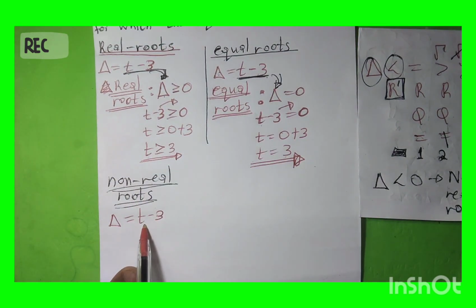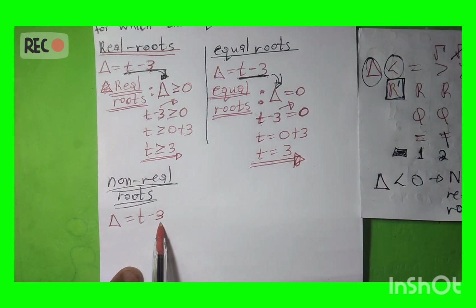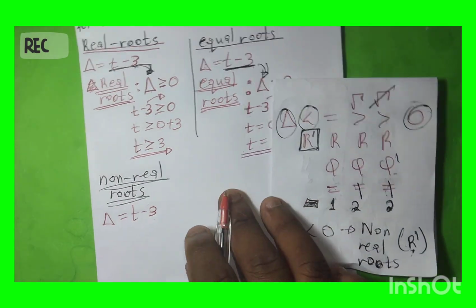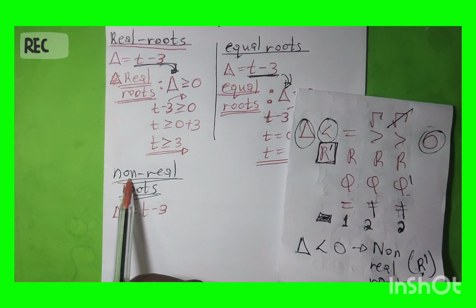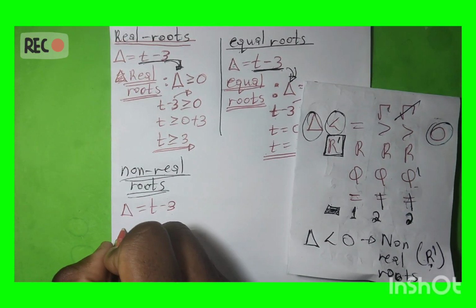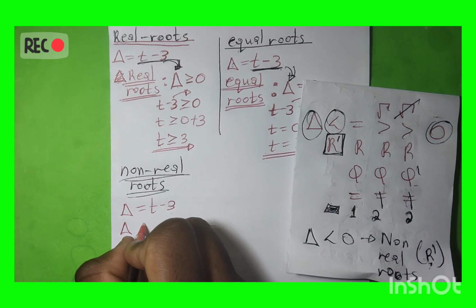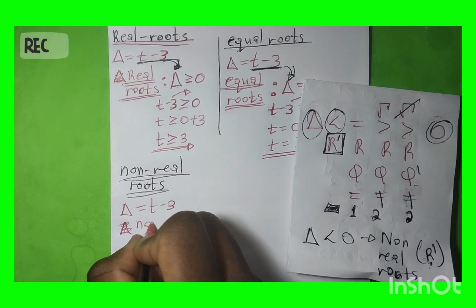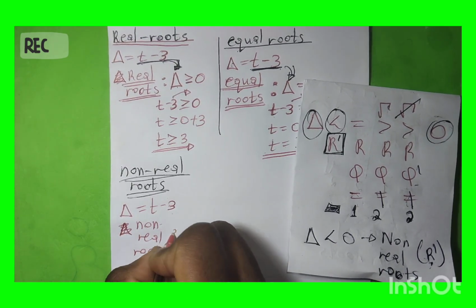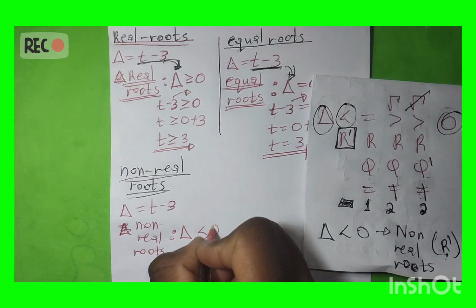It represents delta there. So now what I will do now, I need the values of t whereby that equation should be non-real, meaning it should have no solution there. It should have whereby delta, let me write this thing, to have non-real roots there. It means that that's where the delta should be less than 0 there.